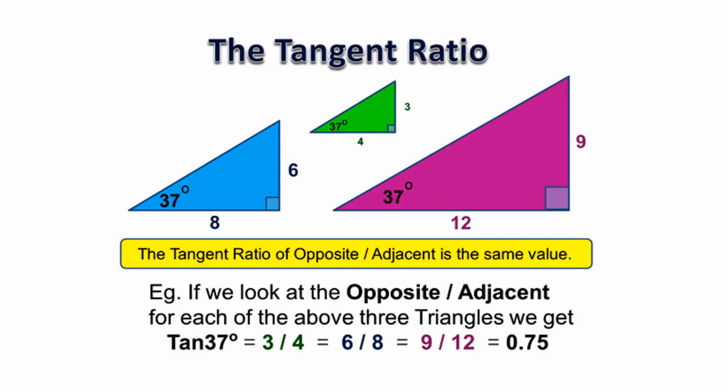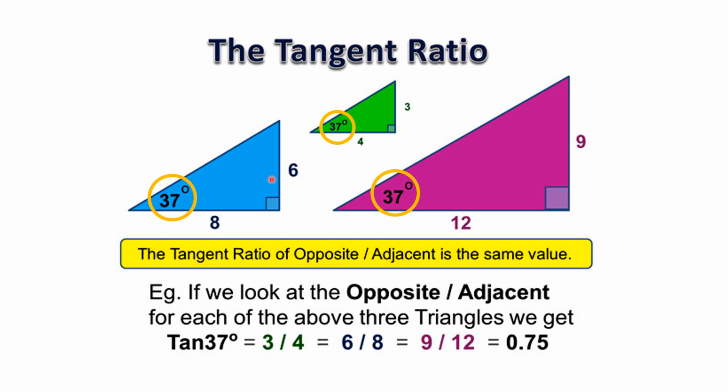Now, the basis of my calculation was the ratio of triangles, or in this case, actually, the tangent ratio. And this has to be one of the simplest of the trigonometric formulas that you can use, certainly much simpler than the cosine rule. So we have three triangles of three different sizes, but they share the exact same angle.